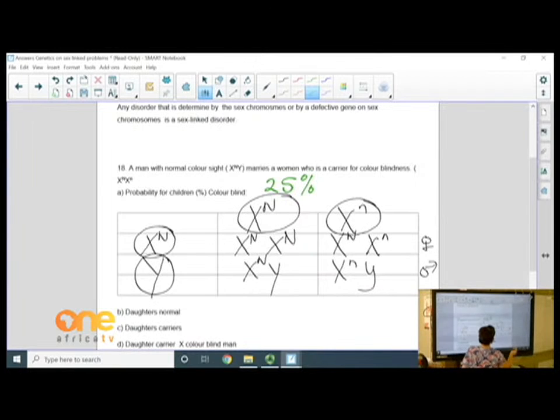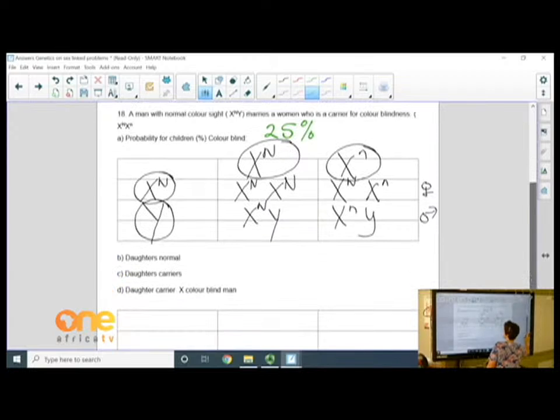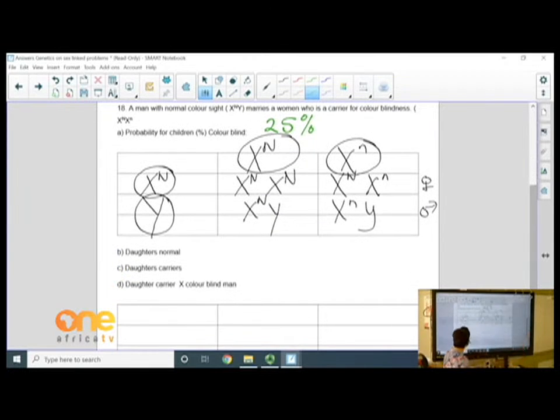The next question, which we are also going to use this for: how many daughters will be normal? 1 out of 2, so 50%. Take care, 50% of the daughters. This was not about children. And if 50% is normal, in this case, we will have 50% carriers.